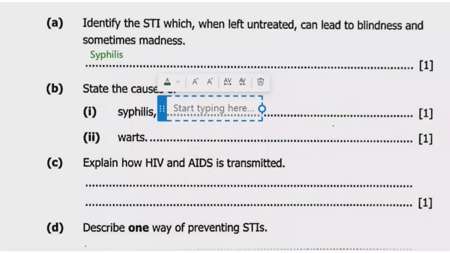Syphilis is caused by bacteria. I don't want you to dwell much on the specifics. It's okay if you can give the specific name of the bacteria that causes syphilis, which is Treponema pallidum. If you are able to write that, it's okay. But for an easy answer, just say bacteria.